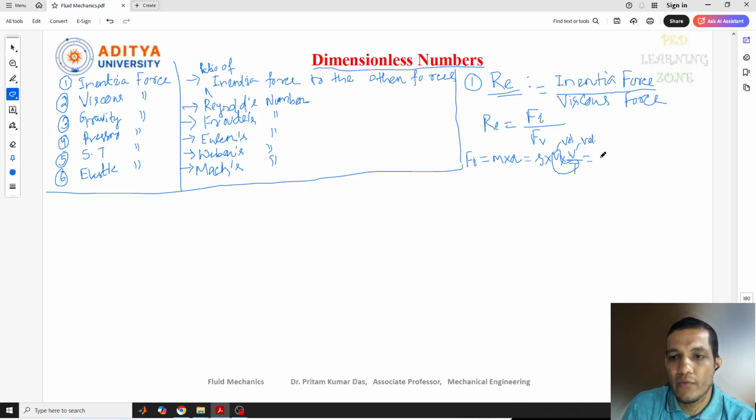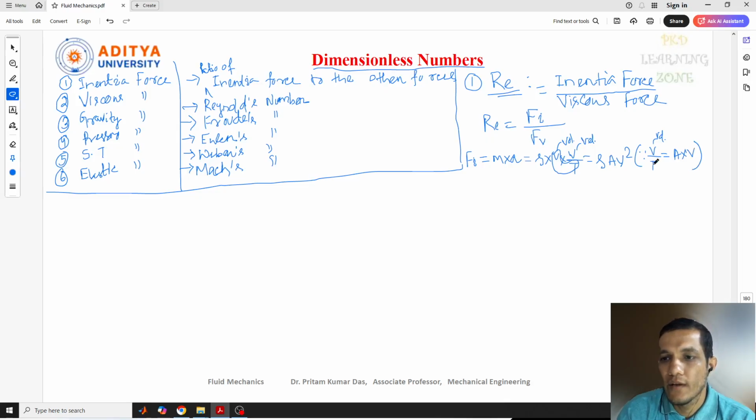Volume per time can also be written as area into velocity. So we write rho into A into v square, where volume per second is area into velocity.